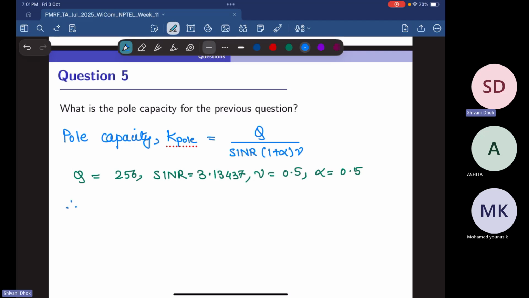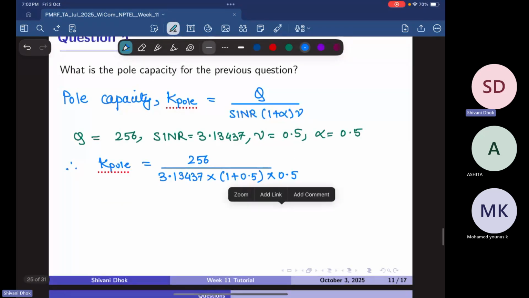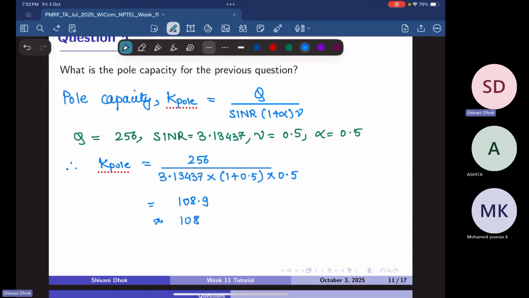Therefore your pole capacity is given by 256, that is your Q, divided by SINR, that is 3.13437, multiplied by 1 plus your alpha, that is 0.5, into your nu, that is 0.5. If you simplify, this comes out to be equal to 108.9. So we take a lower value, so this is approximately equal to 108 users.